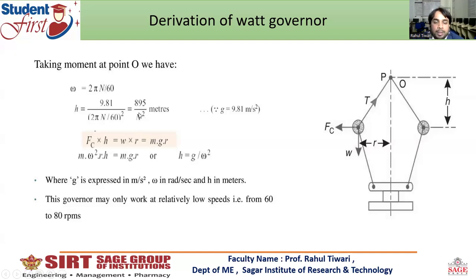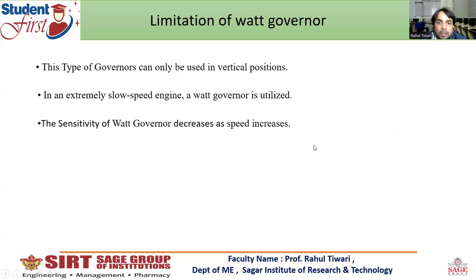Here our terminology comes: N square equals 895 upon H, and this is the basic expression of the Watt governor. The very first governor is the Watt governor only, and this governor may only work at relatively low speeds, from 60 to 80 RPM.